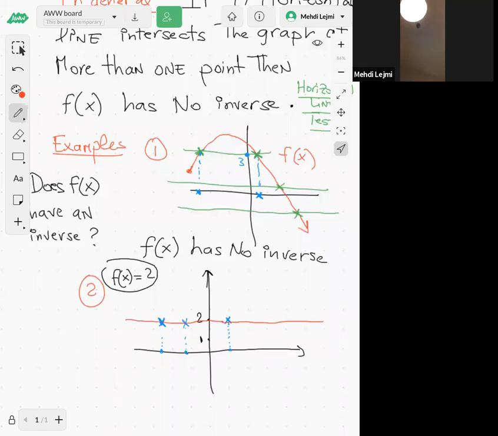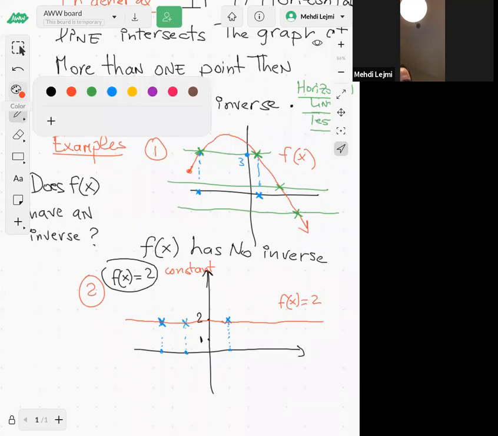Right, that's my f of x equal to 2. So that's what I call the constant function, because the output doesn't change. The output is always the same, which is 2, right? That's why it's called constant function. Anyway, so does the constant function have an inverse? Well, obviously it's just a horizontal line.